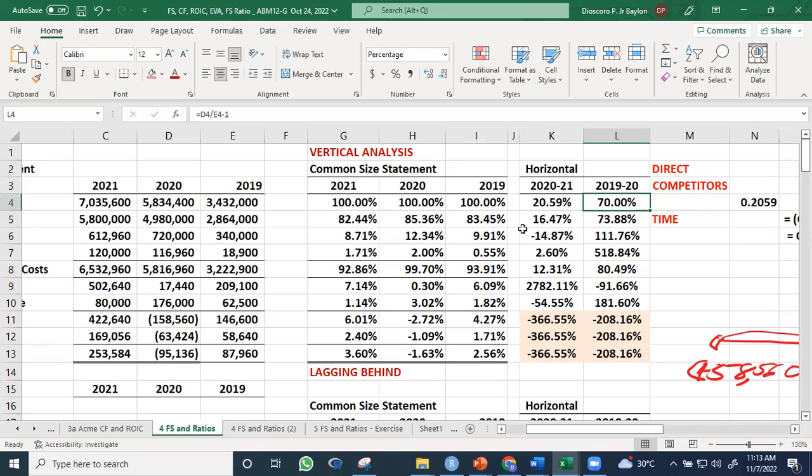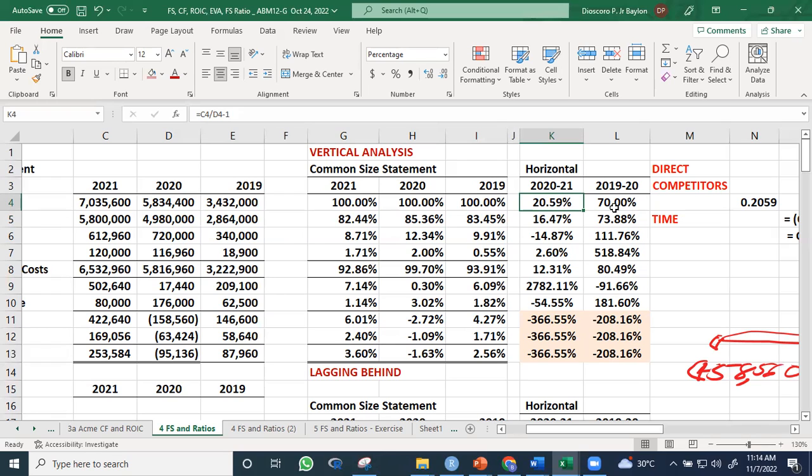It means that sales grew from 3432, it became 5834. Sales increased by 70%. Okay, and then comparing 2020 and 2021, sales grew by 20.59%.